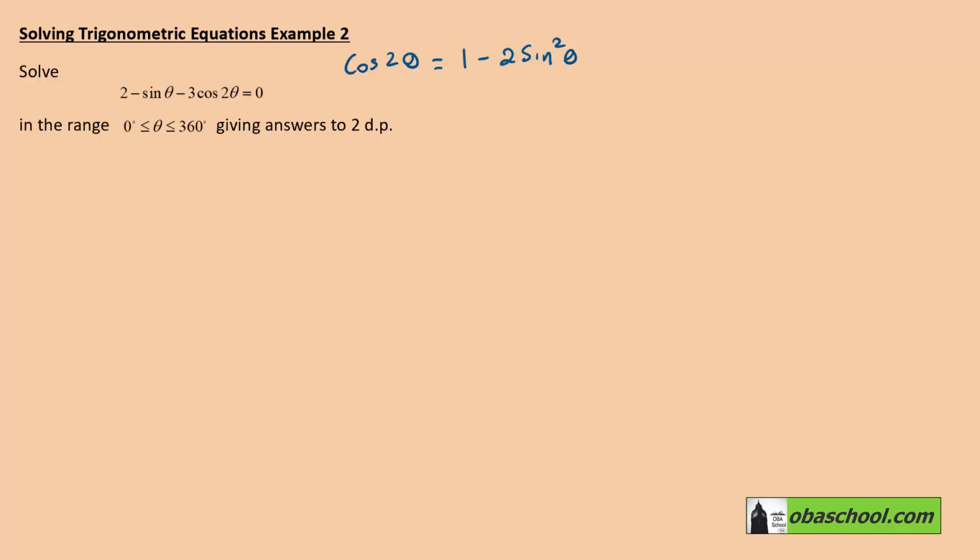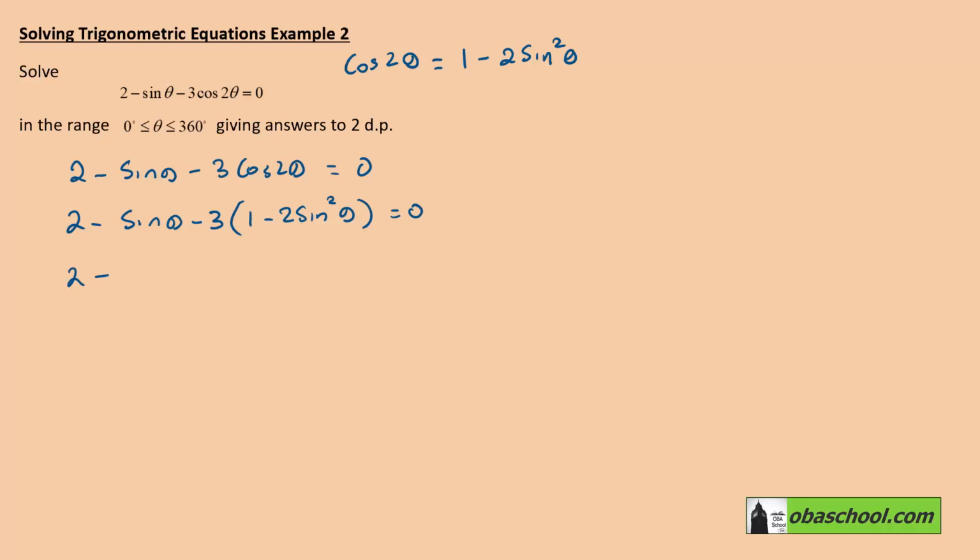So 2 minus sine theta minus 3 cos 2 theta equals 0 becomes 2 minus sine theta, take away 3, 1 minus 2 sine squared theta equals 0.